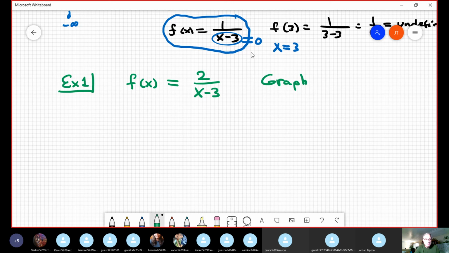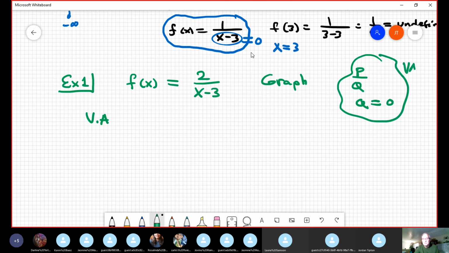It's important to understand that the first step is to find the vertical asymptote, and it is always the same. In general, P over Q, you take Q and you force it to be 0. This is the formula to find the vertical asymptote.